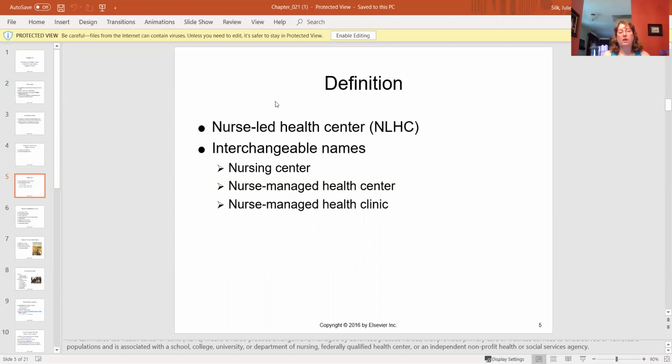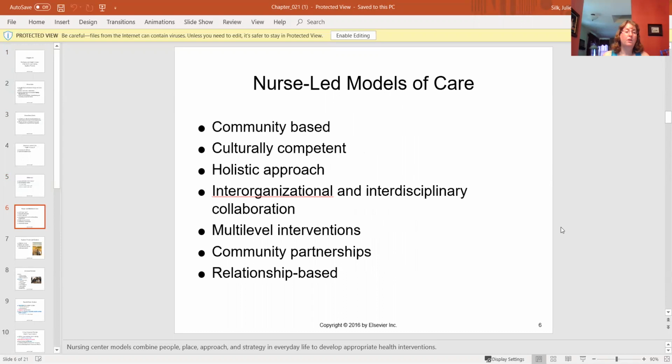All right, so on the slide, it also says there are some interchangeable names for this. So not only may you see just nursing center, but you could also see nurse managed health center or nurse managed health clinic. Okay, so nursing center models combine people, place, approach, and strategy in everyday life to develop appropriate health interventions.